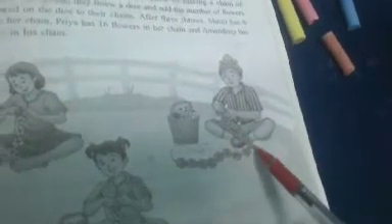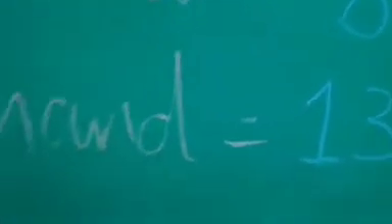Children, now take a pencil and count one by one: 1, 2, 3, 4, 5, 6, 7, 8, 9, 10, 11, 12, 13. So who is 13? Amandeep has 13 flowers. Do you get it, children?